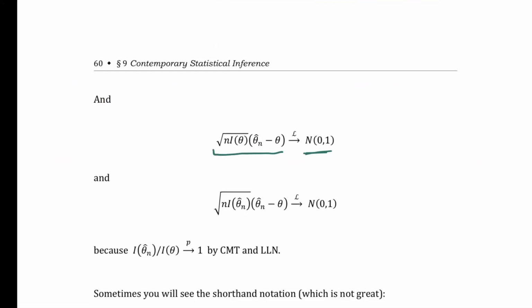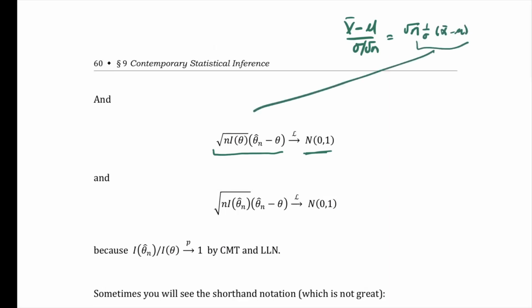This is exactly the same thing as X bar minus mu over sigma over the square root of n, but I'm going to write it as root n times 1 over sigma times X bar minus mu. That is the form that I have here.